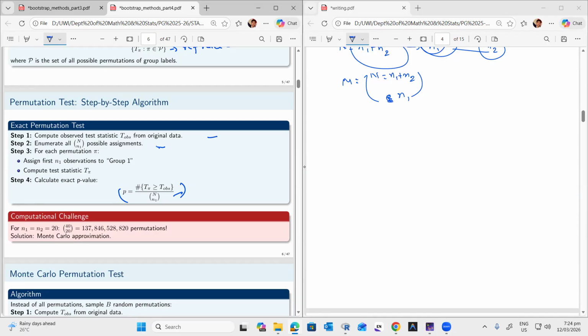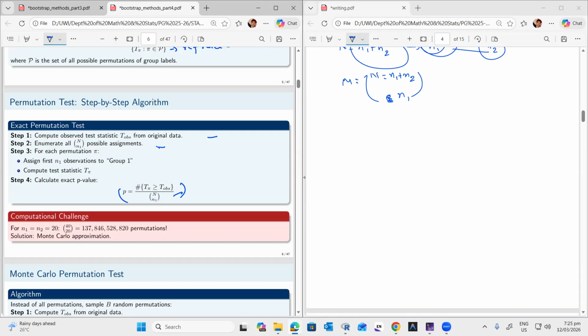Okay, so the inequality greater than or equal to implies a one-sided test, in the direction of large values of t. So for a two-sided test, we need to measure the extreme side in both tails. All right.